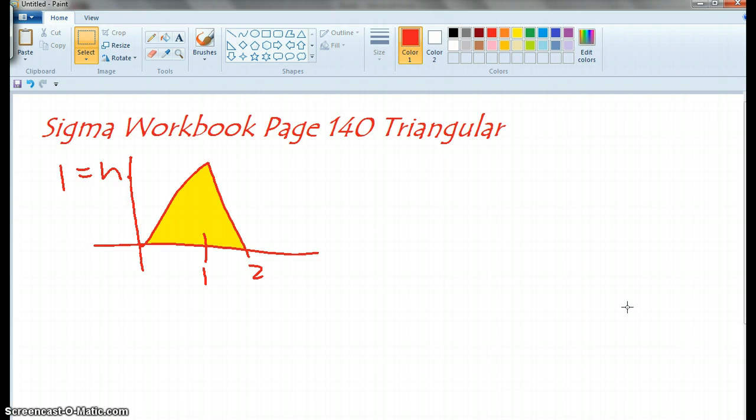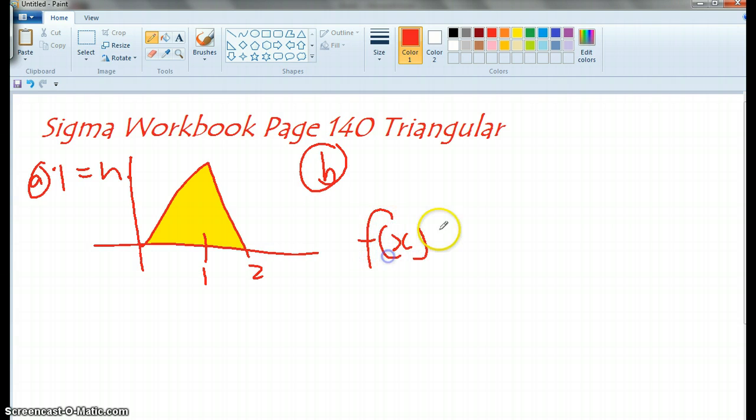Alrighty. So that was A, evaluate the height, done. Okay? So A, the height was 1. B, write down the equation. So that you've got to get the syntax right. F of x equals, and do that funny curly bracket thing. And we need the equation of this line here. What's the equation of that line?